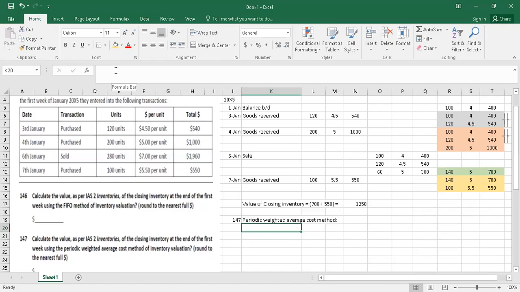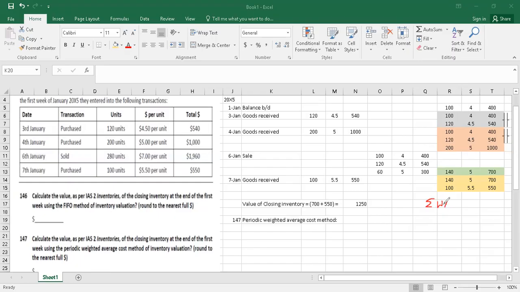Here in this case, January 7th is the last date of the first week of January. So on that date, they account for everything and find out at what price they would charge the units that are sold, and the price for the units that are remaining in the stores department. Weighted average, I already mentioned the formula: sigma Wx divided by sigma W.